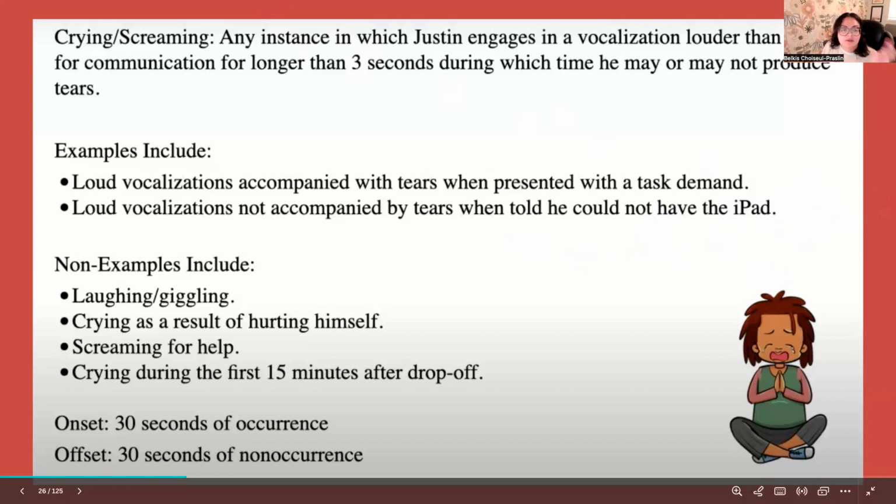And as helpful as examples are, I'm going to put this out there, non-examples are just as important. They tell us what the behavior is not, and that's critical when you're deciding whether or not to track something. Non-examples help us set some very clear boundaries so observers know what doesn't count.